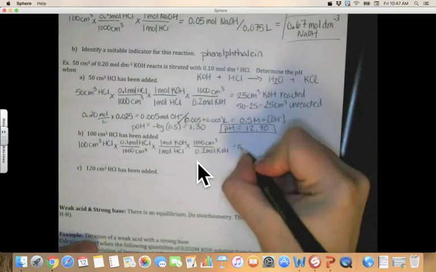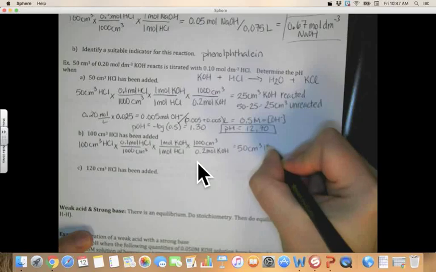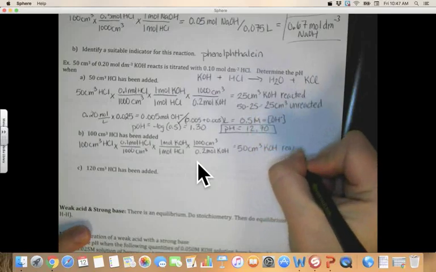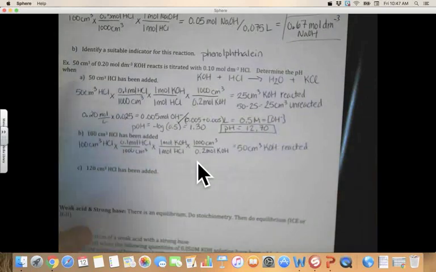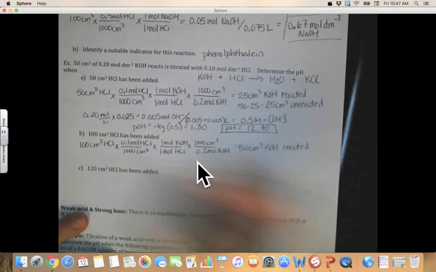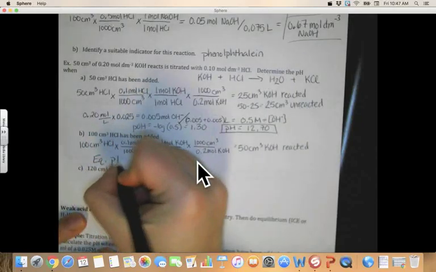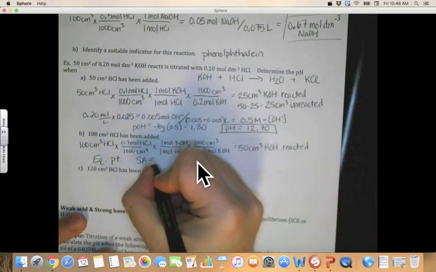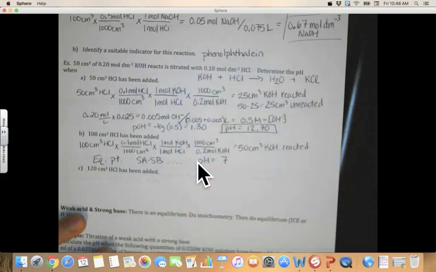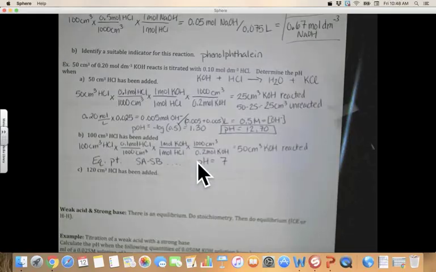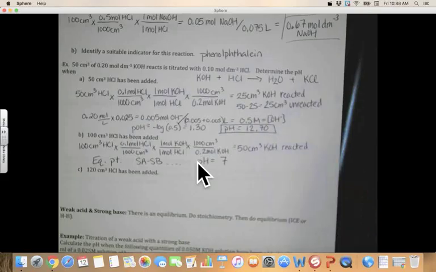And what I'll get is 50 cubic centimeters reacted. So, since I've reacted all of my potassium hydroxide, and I've reacted all of the HCl that's been added, this is the equivalence point. And it's a strong acid, strong base, so the pH is equal to 7. Because at this point, all that's in solution is my water and that potassium chloride, which has a strong parent base and a strong parent acid, so pH of 7.